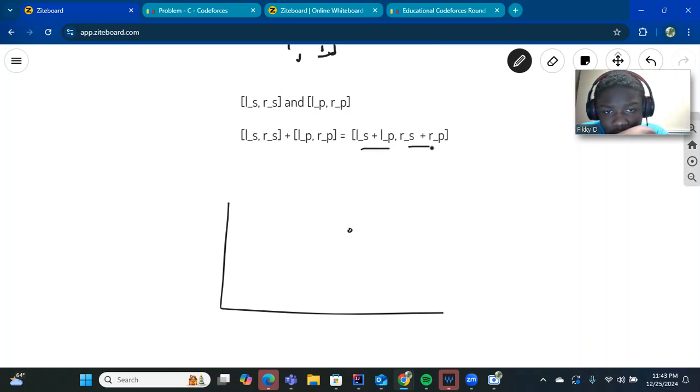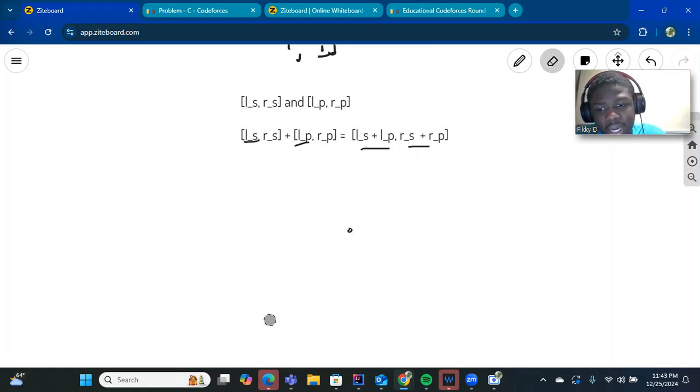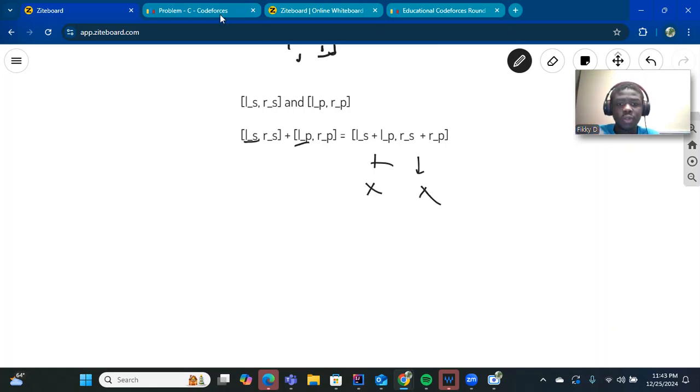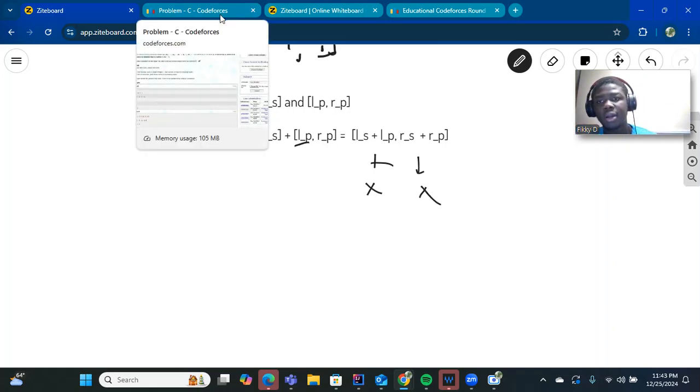For example, if I want to add 1, I could just take LS and then LP plus 1. It's very obvious that this is the new range. Then obviously you have to shift these by x because these subarrays will have x in them, and that's all it is. You just iterate through this new range, add all those values to the set, and you're done.